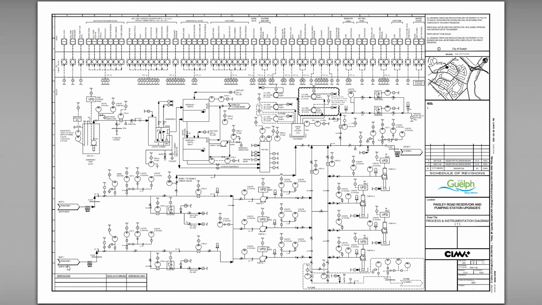The city of Guelph is broken into a number of different pressure zones. So this is a booster station that will take water from zone 1 and then we'll boost it, add pressure to it into zone 2 to fill one of the towers in zone 2.